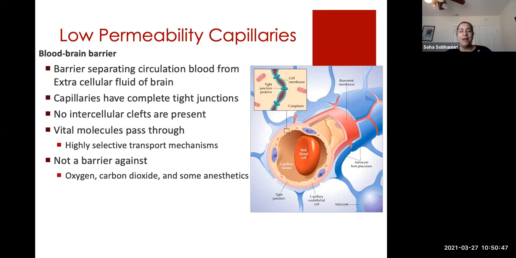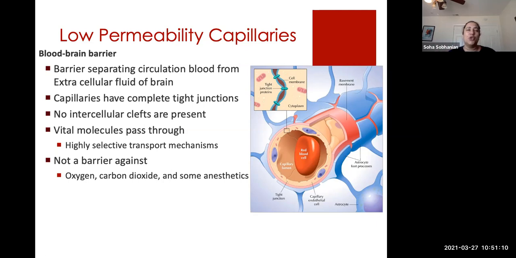So blood-brain barrier, I'm not really going to go into it. We will discuss this in terms of the nervous system later on. The most important thing I want you guys to understand about the blood-brain barrier is that you do not want everything that circulates in your blood to have access to your brain tissue.